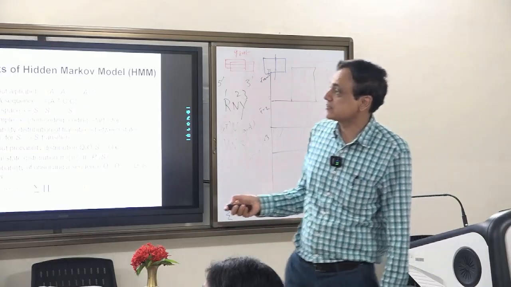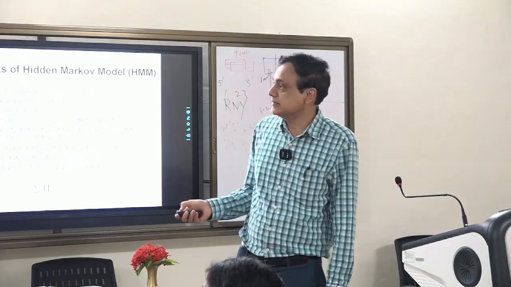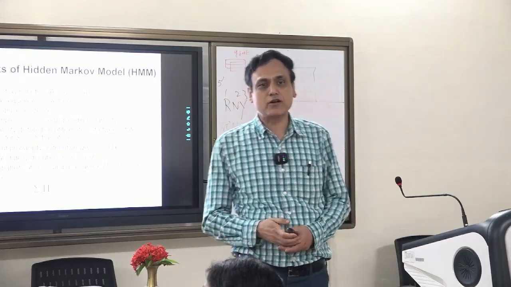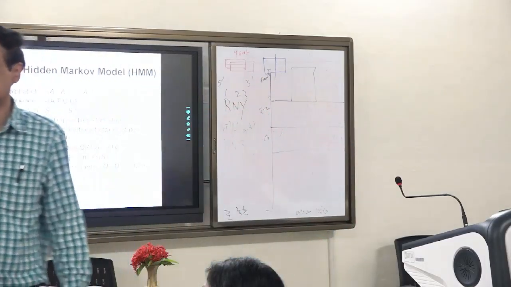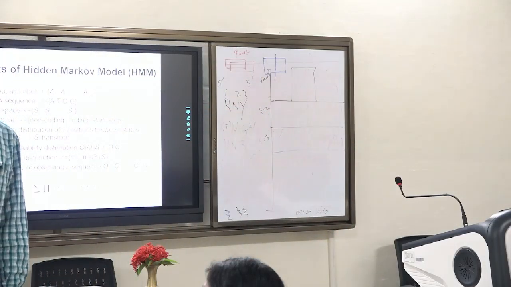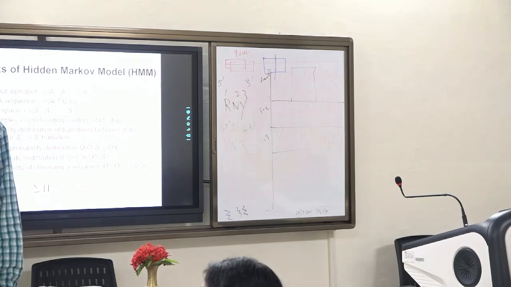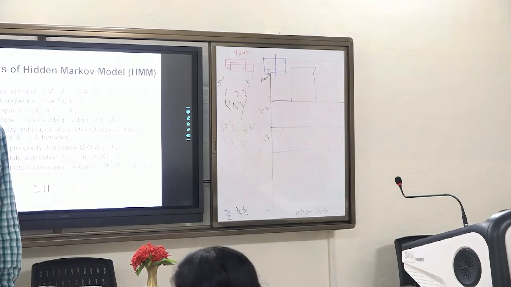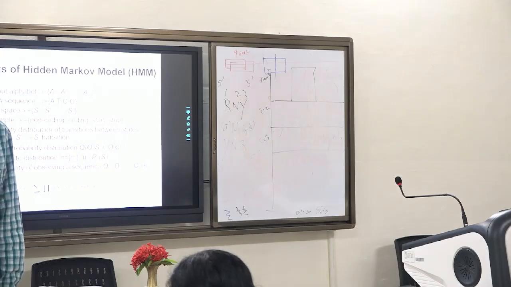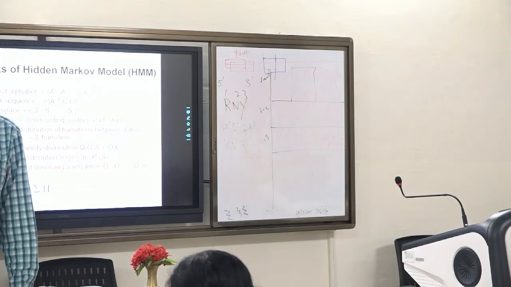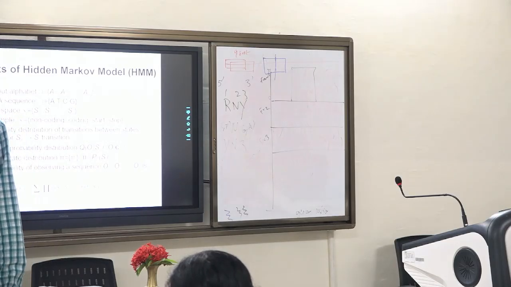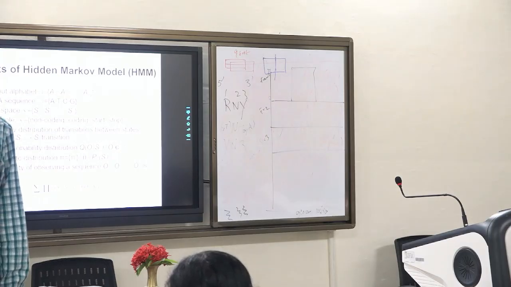So that's it actually. And then initial state distribution, probability of starting in a hidden state. So for example, probability of starting in protein coding state and then emitting a protein coding nucleotide. So hidden Markov model is often interpreted as emitter of symbols.